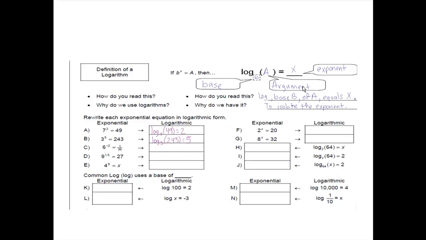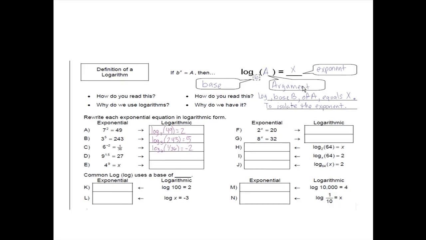Next one is 6 to the negative 2 equals 1/36. Now, 6 is your base, the negative 2 is your exponent, and the 1/36 is your argument. So when we rewrite this, it becomes log base 6 of 1/36 equals negative 2.